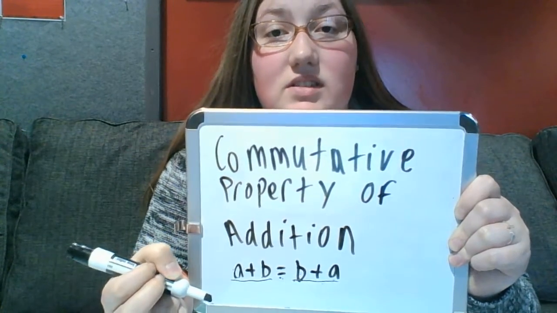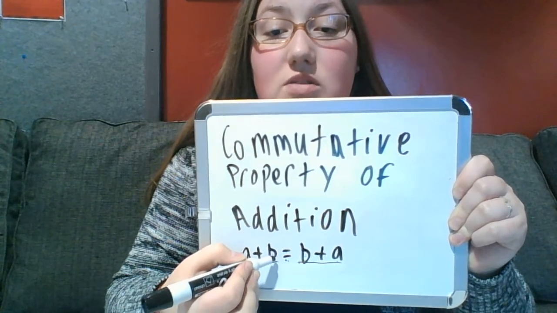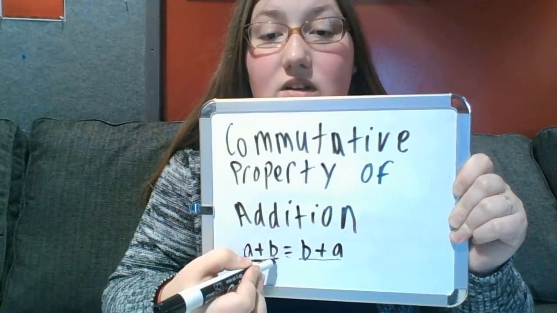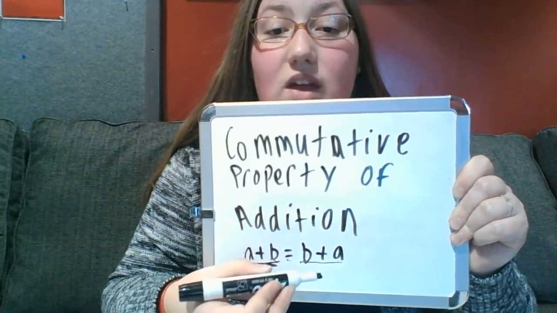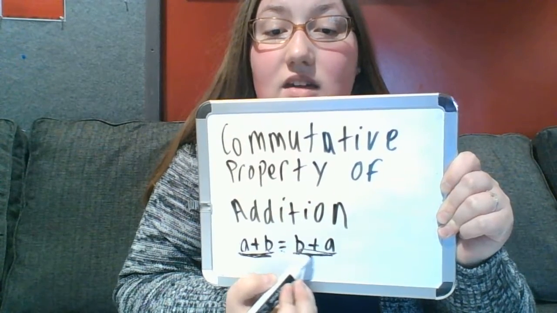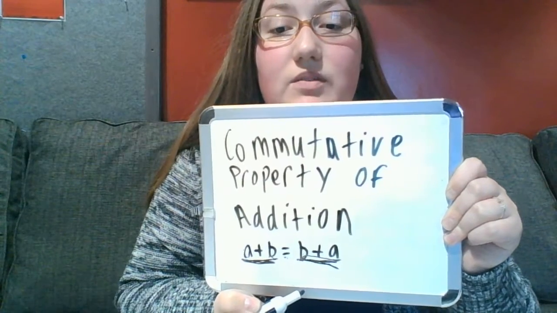In other words, if you have a problem where two integers are being added together, like A plus B down here, you can rewrite that in reverse, which would be B plus A down here, and you will still get the same answer.